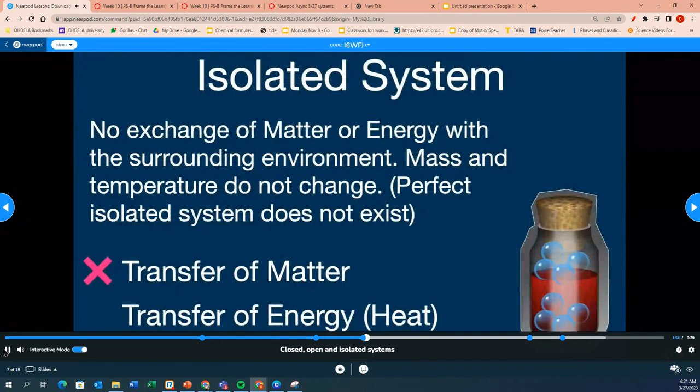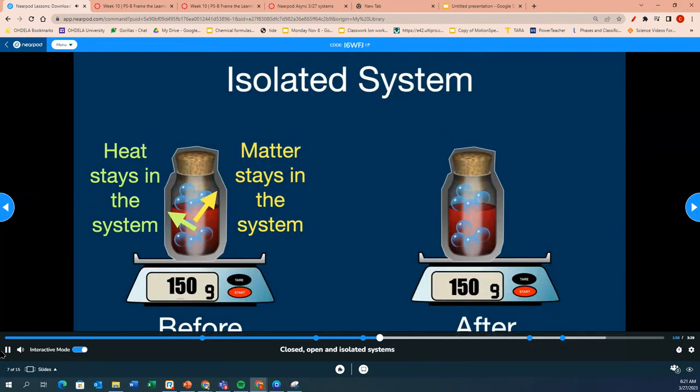There is no transfer of matter and there's no transfer of heat. As you can see, the mass before and after stays the same, because matter cannot enter or leave the system, and heat can also not enter or leave the system.